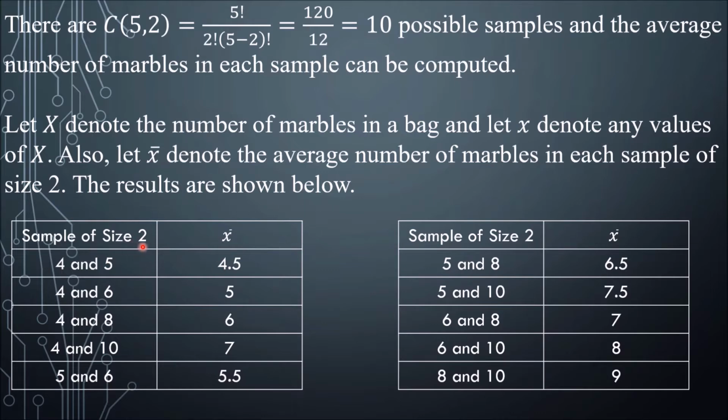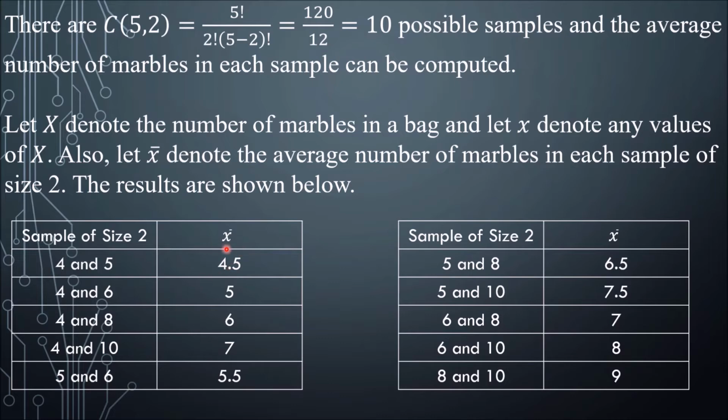So sample size 2, the combinations are bags with 4 and 5 marbles, bags with 4 and 6 marbles, 4 and 8, 4 and 10, 5 and 6 marbles, up to 8 and 10 marbles. So there are 10 possible samples or 10 possible combinations.